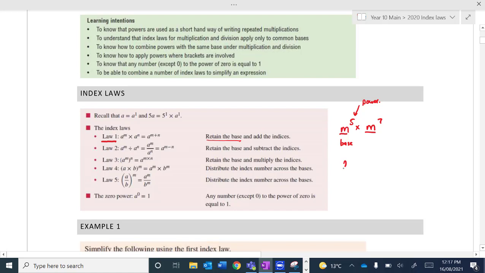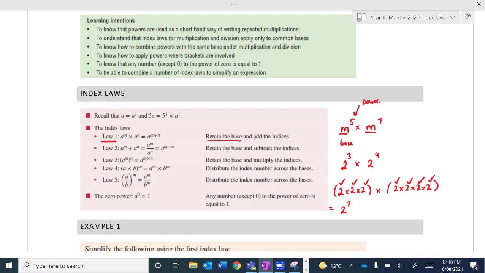So if I had 2 to the power of 3 times 2 to the power of 4, let's write this out in expanded form. 2 to the power of 3 is 2 times 2 times 2, and I can put that in brackets. 2 to the power of 4 is 2 times 2 times 2 times 2. How many 2's do we have? 1, 2, 3, 4, 5, 6, 7. So we could write this as 2 to the power of 7.